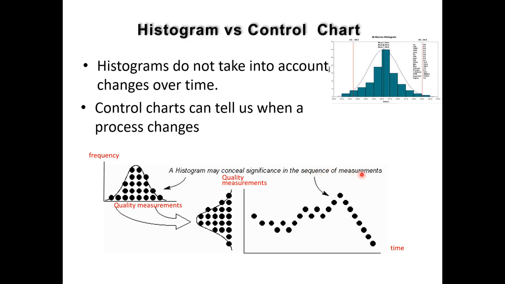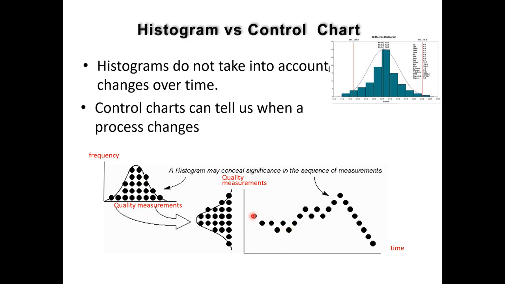A histogram may conceal significant changes in the sequence of measurement, meaning you wouldn't know exactly when a particular quality value occurs. But in a control chart, you will easily detect it.